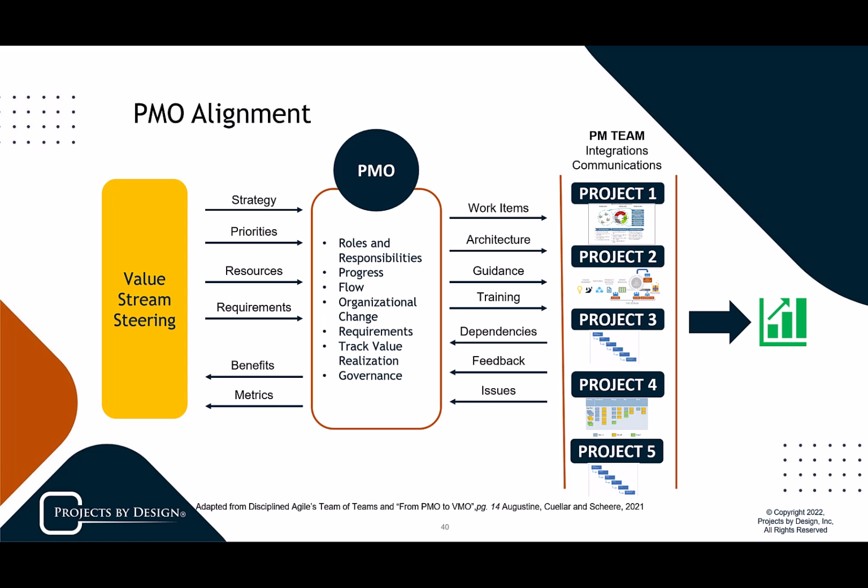So the word PMO in here means an office, a team of people that are performing these activities that are listed under, and they are guiding the project managers on the different teams and groups. They could also mean that for Central IT. Okay. Any other clarifications or questions on this model?